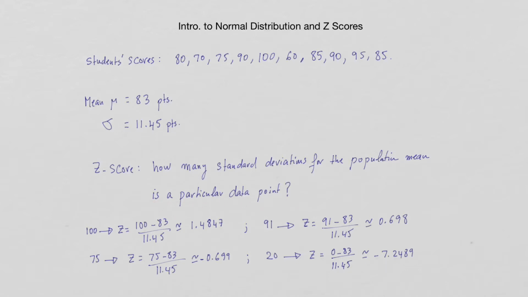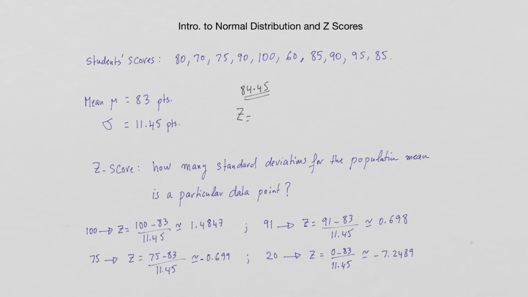So, for example, let's say I'm interested in this score called 84.45. What is the Z-score that represents this data point, 84.45?